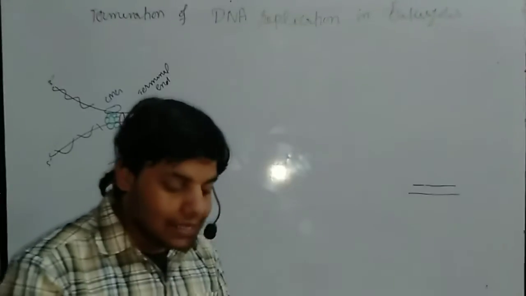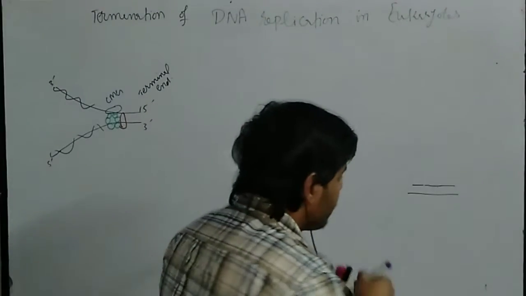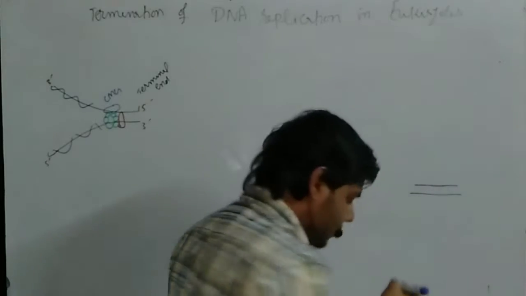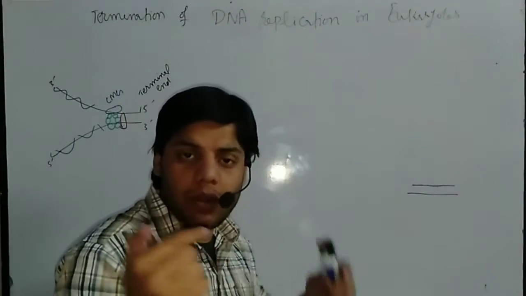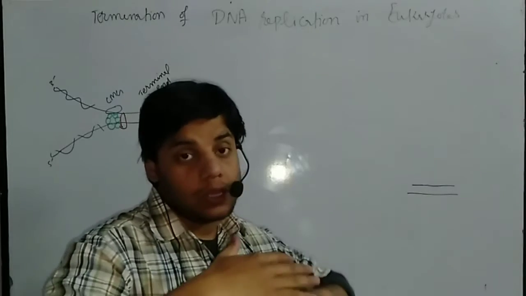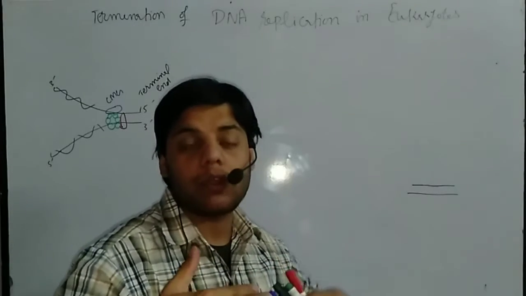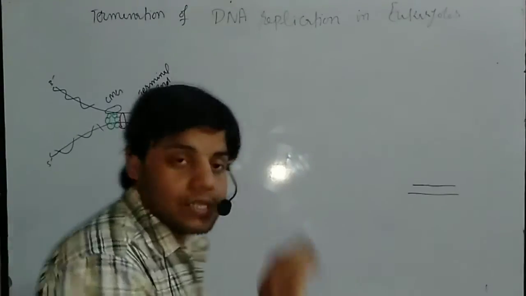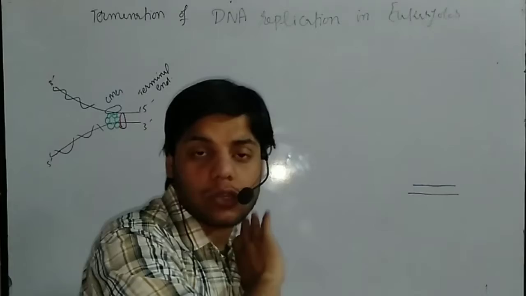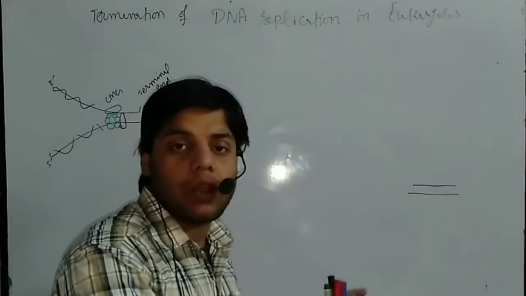Now this nick is sealed by the DNA ligase enzyme, which means it provides the phosphodiester bond. When the phosphodiester bond is present between the nucleotides, the bond between the nucleotides becomes stronger and the DNA becomes stable. This is how the process carries on in the case of elongation.